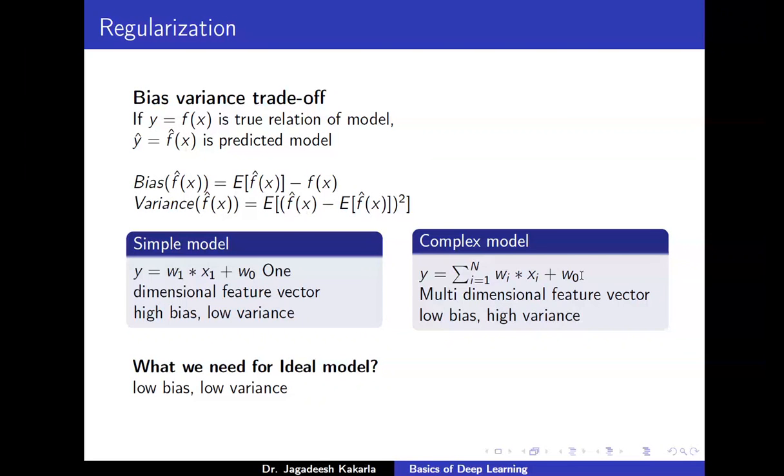Okay, now what is this bias and what is this variance? If you take a very complex model, then it will learn in a better way during the training. Is it clear? Suppose you know very well how to learn by heart. You have memorized whatever the faculty has taught.